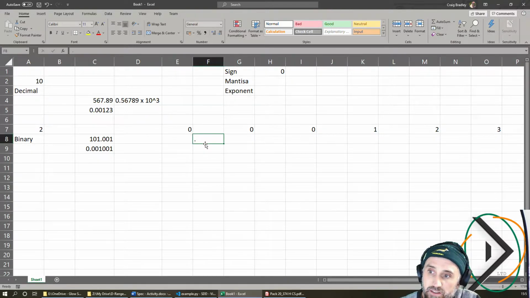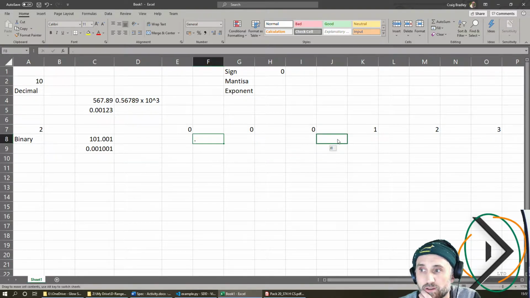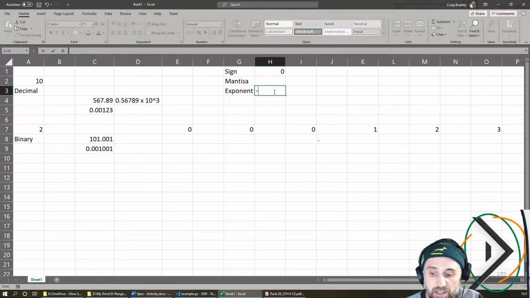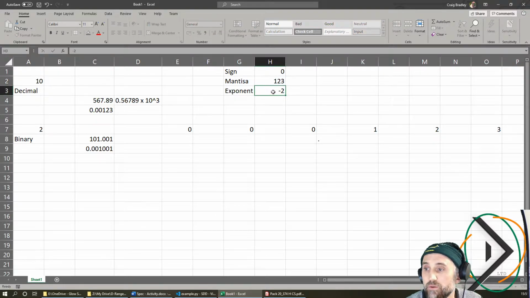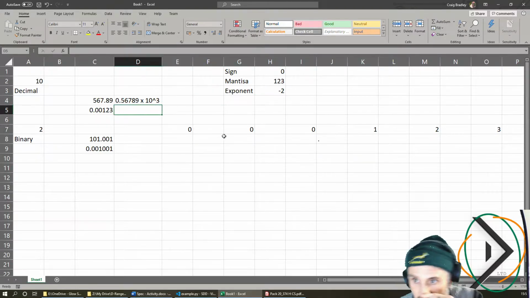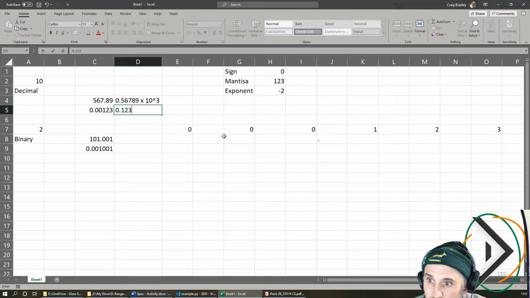The decimal place moves 1, 2 to the right, so my exponent is negative 2, and my Mantissa is 1, 2, 3. Easy as that. In this representation, that is 0.123 times 10 to the power negative 2.